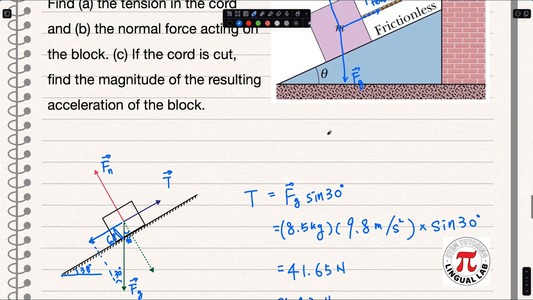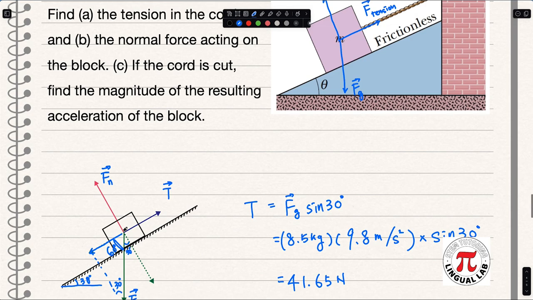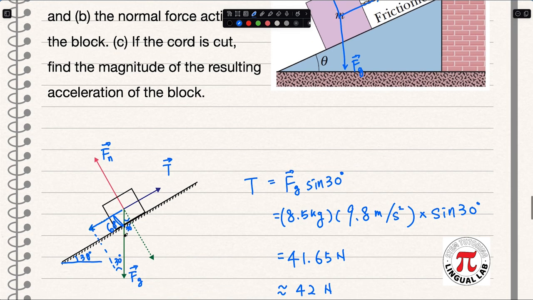With the same concept, the normal force and the gravitational force component along this coordinate have the same magnitude and opposite direction. So we're going to calculate the component of the gravitational force to find the magnitude of this normal force.